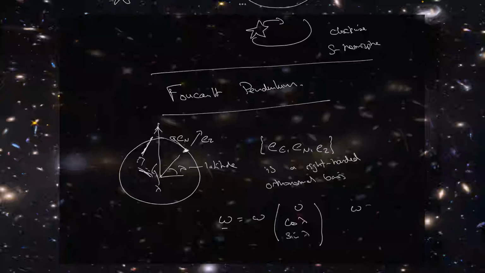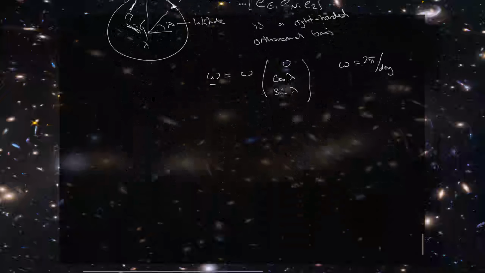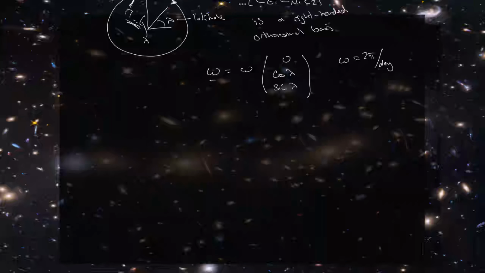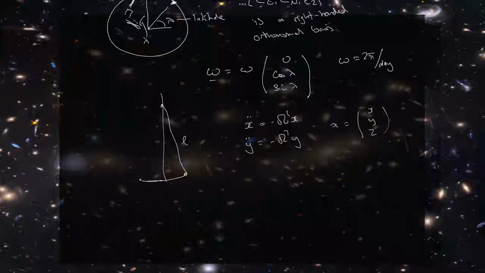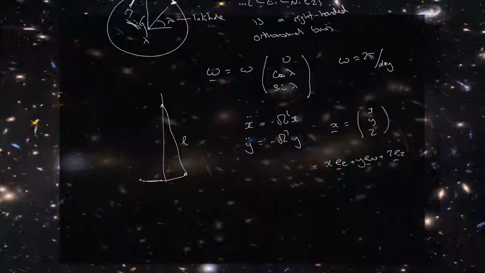Again, scalar omega is 2 pi per day. We can neglect the centrifugal acceleration because we can incorporate it into a local change in the gravitational acceleration. We consider a pendulum where the length is very long, so we assume we have simple harmonic motion. X is (x, y, z), and this is x e_east plus y e_north plus z e_z.